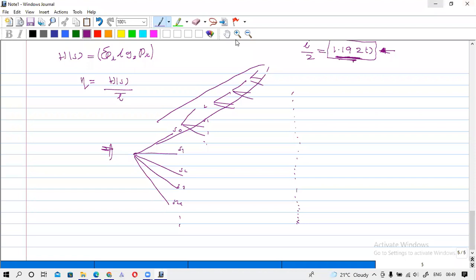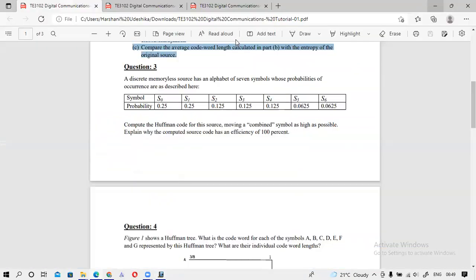I think the answers are also given. So I think you can do it now. What it means is that you can combine the symbols. Okay, you can combine the signal. So in this case, you have 7 symbols and you can combine all the 7 symbols together. Then you have to calculate the value.